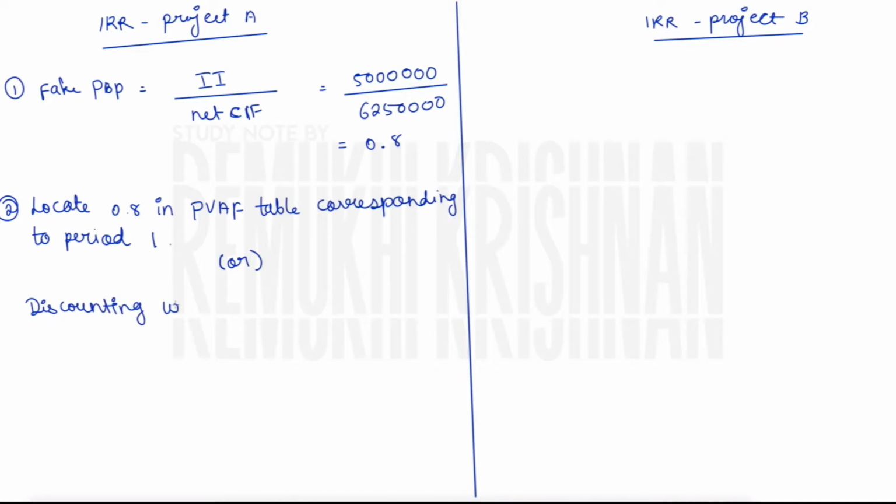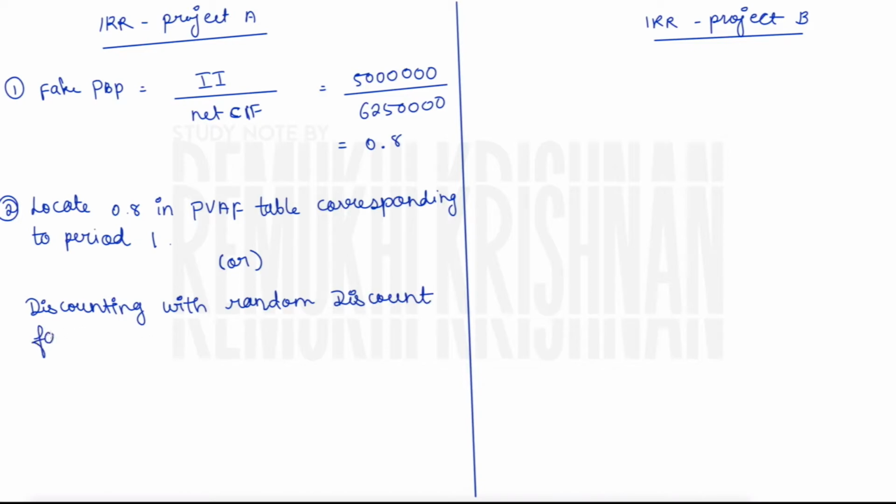Or else I will use the interpolation method. Or what if I'm not provided with the present value annuity factor table? As already discussed in the IRR video, I'm going to discount my cash flows with random discount rates, and finally, using the interpolation formula, I will arrive at my IRR. Okay.